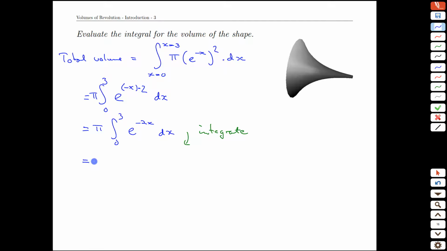When we integrate this, we're going to get the same exponential back, and then we're going to have a negative 2 that we have to handle. If we divide by negative 2, that'll give us the right antiderivative, and then we're going to evaluate that at 3 and 0. That's going to give us pi over negative 2 times e to the negative 2 times 3 minus e to the negative 2 times 0.